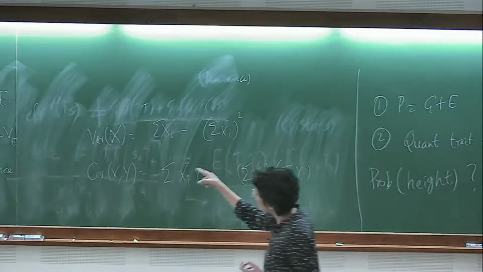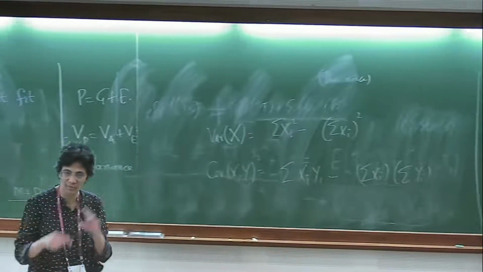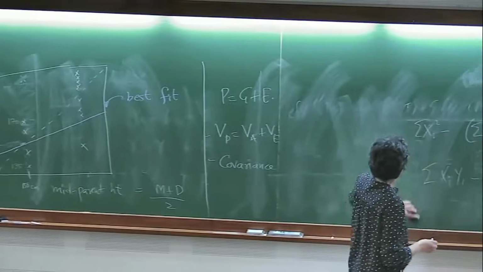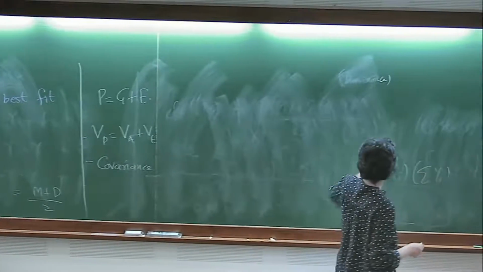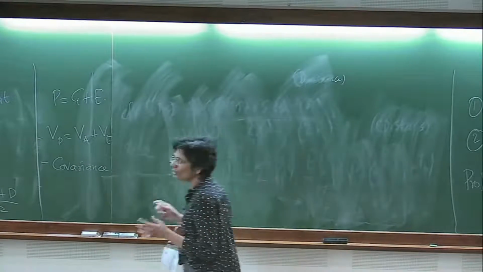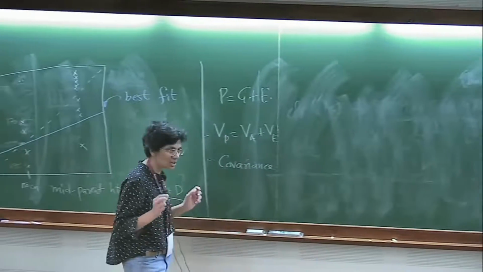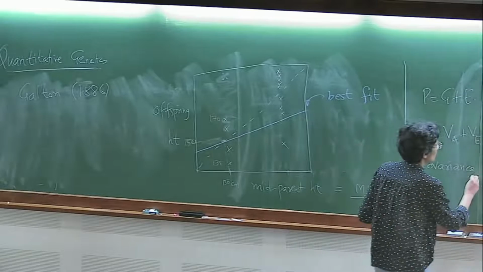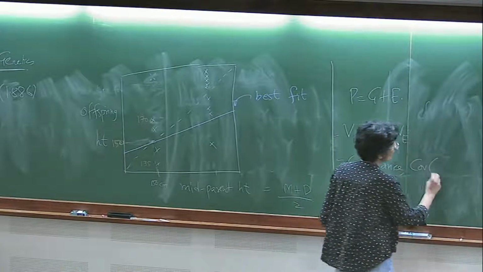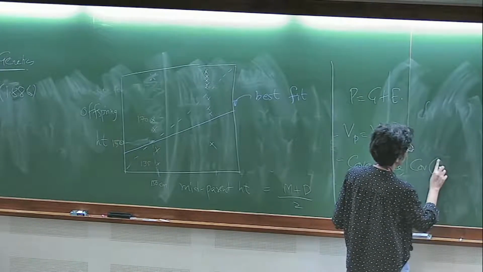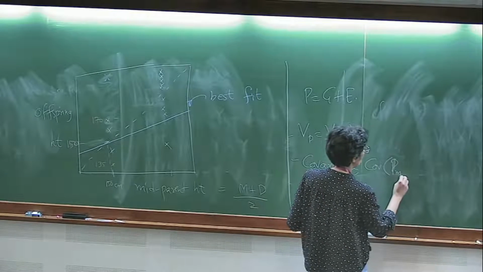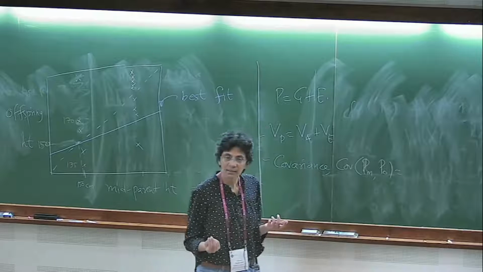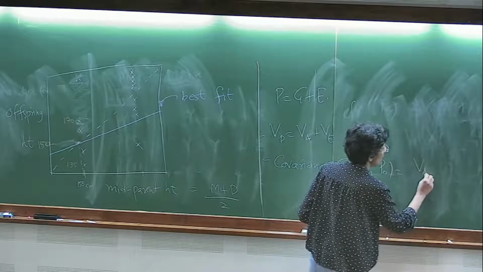So you need to calculate the covariance between the parent and the offspring. We will not do that. You will sit down and do it. It's not a difficult calculation, but you still have to sit and work it out. The covariance of the mid-parent and the offspring turns out to be VA by 2.